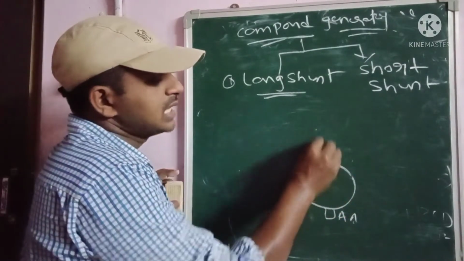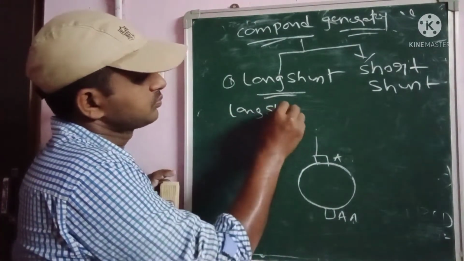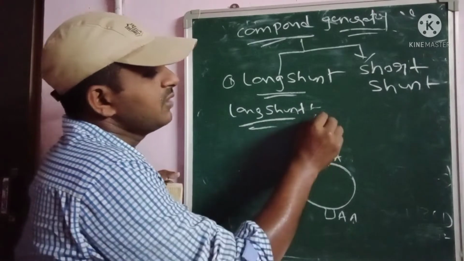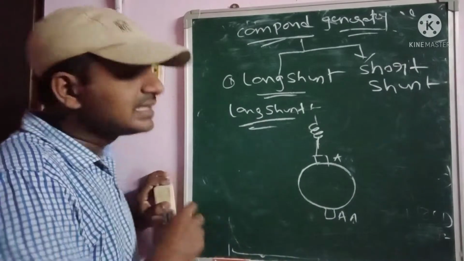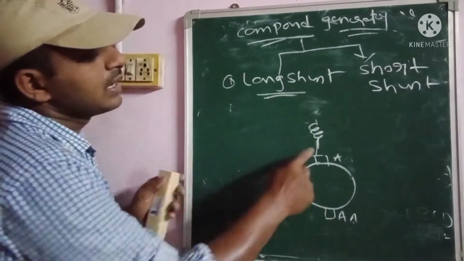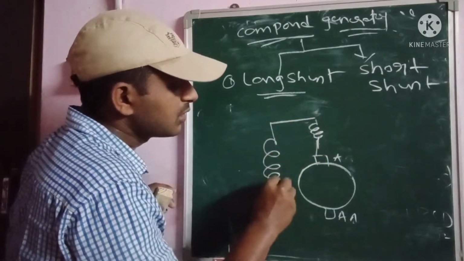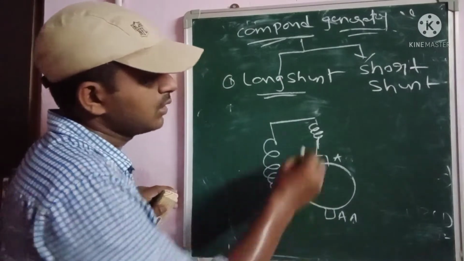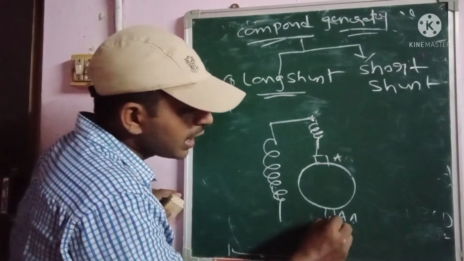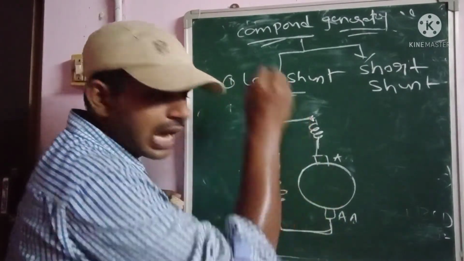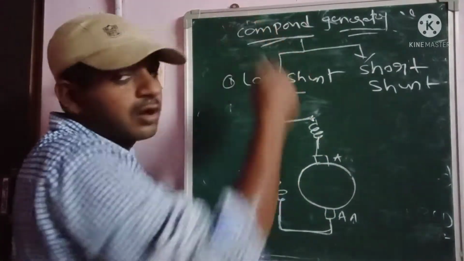In the long shunt compound generator, one field winding is connected in series with the armature, as well as another field winding which is connected across. So one end of the series field and another end of the armature terminal. If you connect like this, it is called a long shunt compound generator.